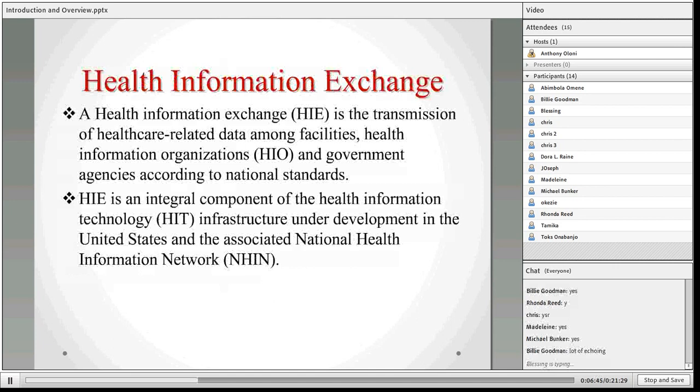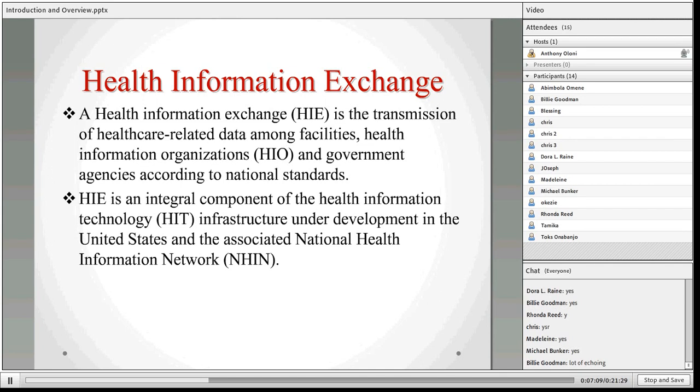Now, there's also something called the Health Information Exchange. The Health Information Exchange is sometimes used interchangeably with the term Regional Health Information Organization, or RHIO.